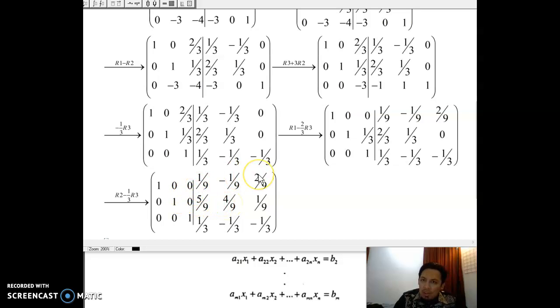So this is still not the end, because finding the inverse is just the first part of solving a system.